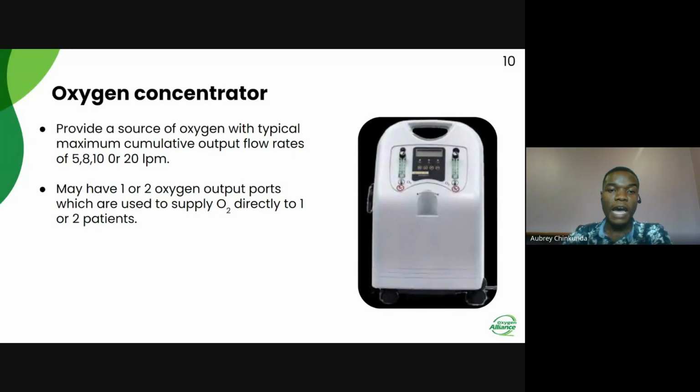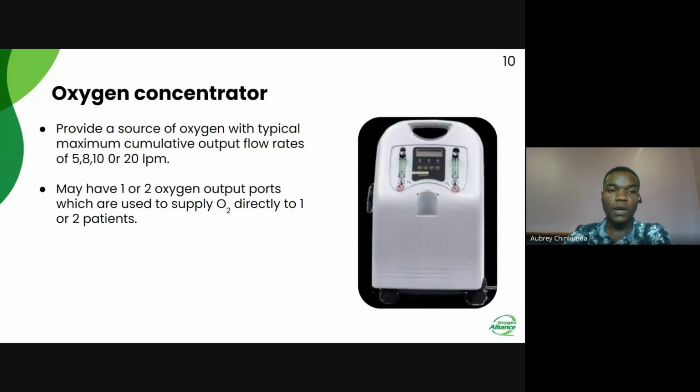Others have one outlet for oxygen and the other one for air. And usually they're labeled on the flow meters. So you just have to double check. If that concentrator has 2 outlet ports for oxygen, then you can use it. If the other outlet port is for air, then make sure that you are also using it for the right reasons.